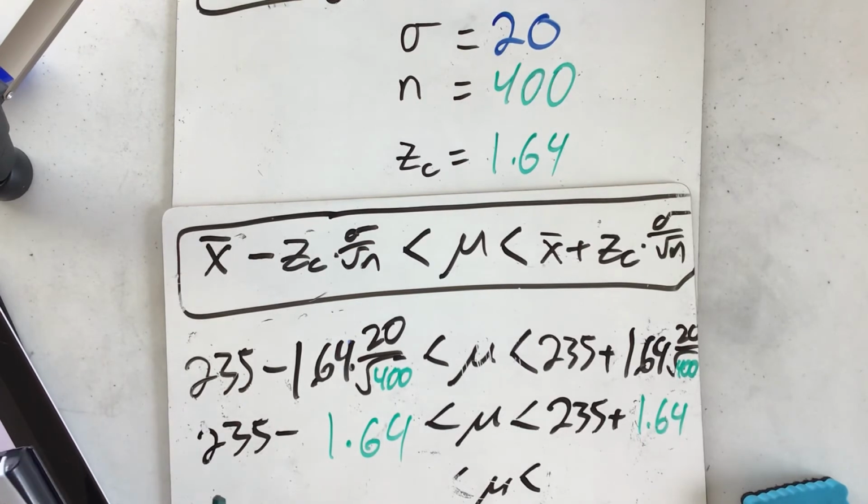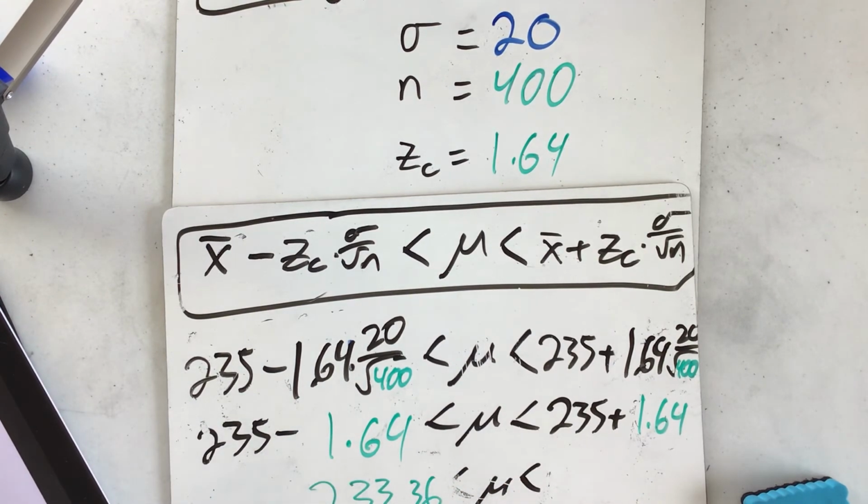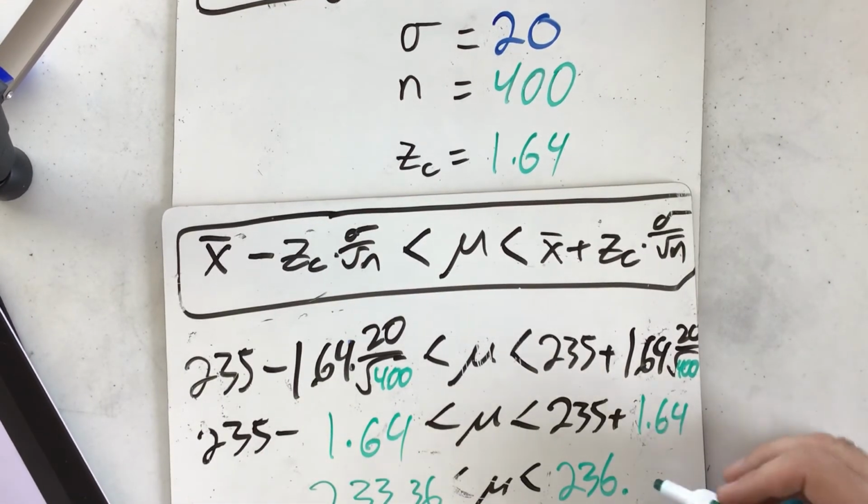So now let's do 235 minus 1.64. And that's going to give me 233.36. Now if I do the same thing with the plus sign, I get 236.64.